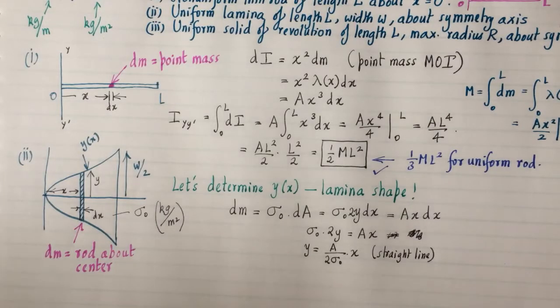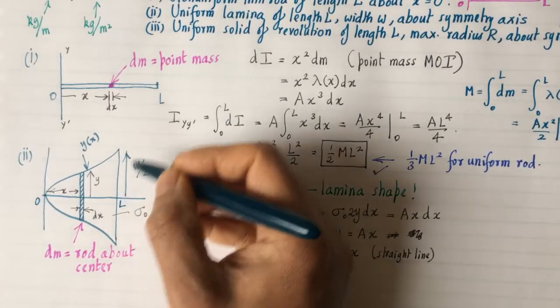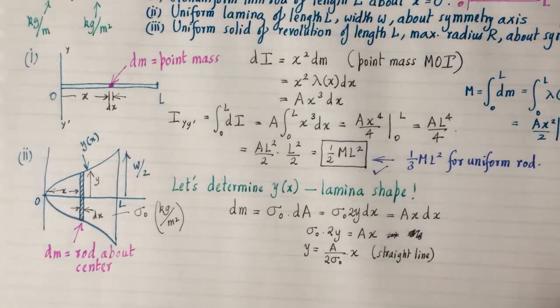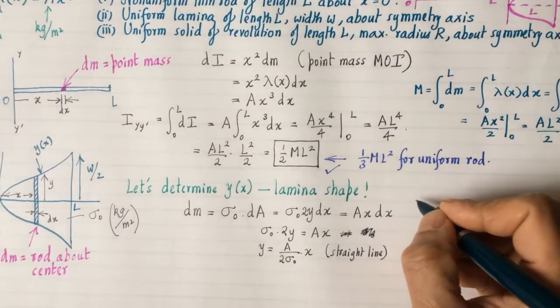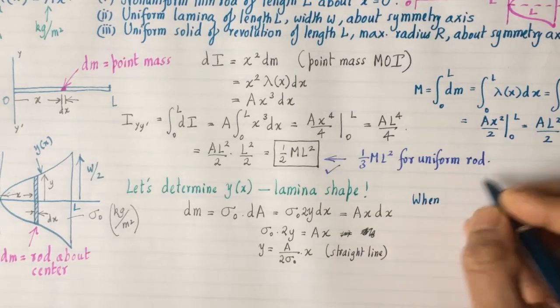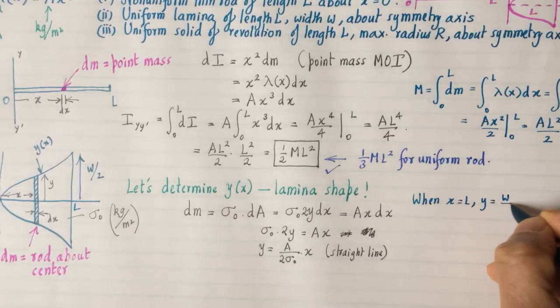To determine sigma naught, all I have to do is realize that when the value of x is equal to L, the value of y is equal to W over 2. So when x equals L, y must equal W over 2.